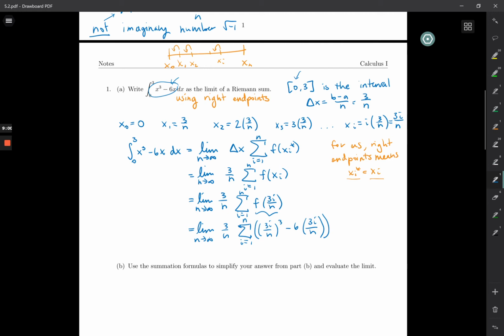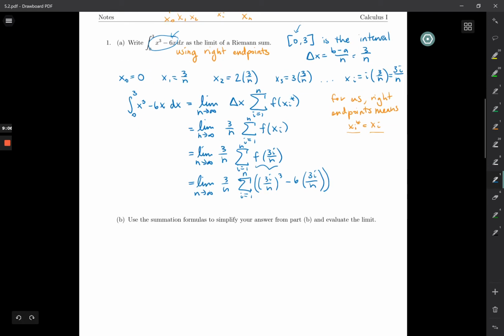Just to do a little bit more simplification to make the next step easier, I'm going to distribute this cube to each part of that fraction. Let me make a little bit more room for myself.